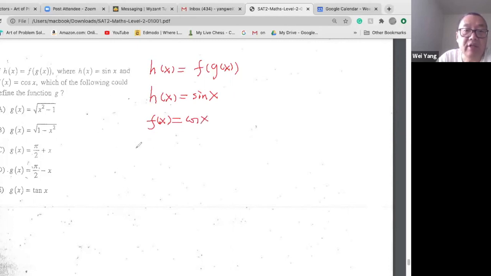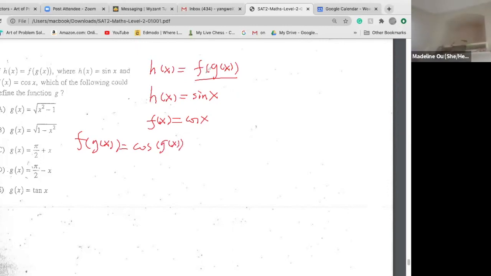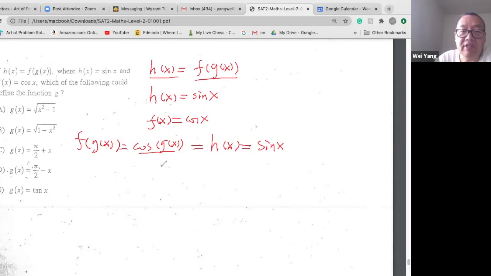Then based on this, we can get that this equals f(gx), which equals cosine gx, right? Then f(gx) equals hx, and hx also equals sin x. So then that means we first get cosine gx equals sin x.